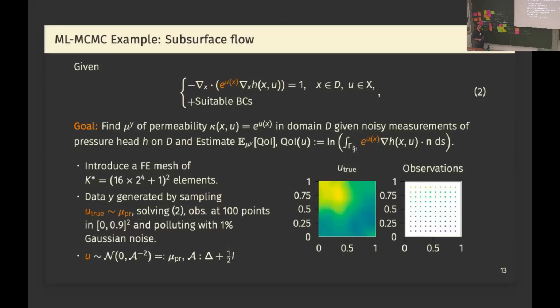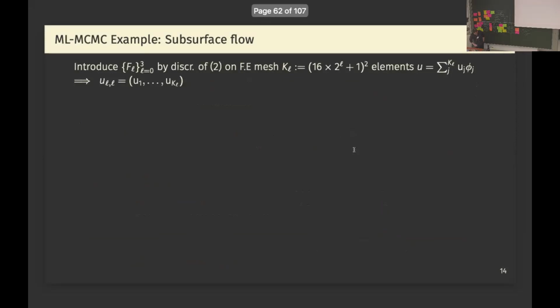To generate data, we introduce a finite element mesh with some given elements, and we generate data Y by solving this PDE with some given value of U true, a randomly generated value of U true from mu prior, given by this, observing the solution at 100 different points in the domain and polluting those observations with 1% Gaussian noise.